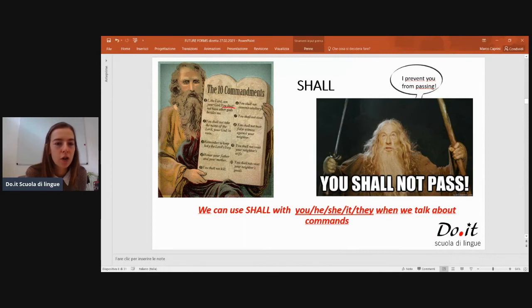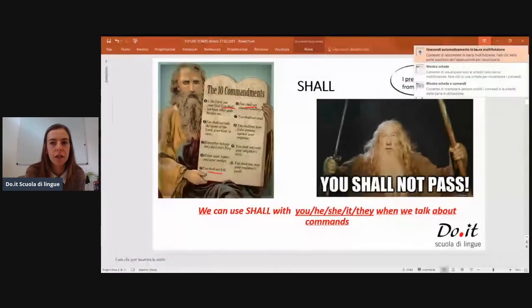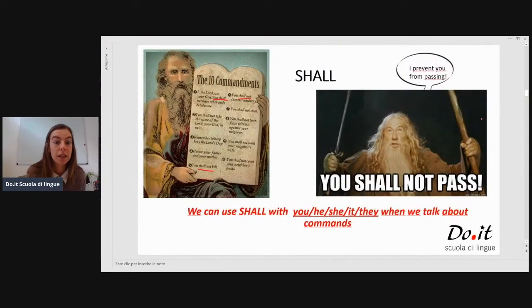You shall not have other gods besides me, you shall not kill, you shall not commit adultery. So you can pretty much see shall in every single sentence in the 10 commandments. And you can use shall with other persons too. When we talk about commands, you can say ye shall, you shall. That's pretty much it.